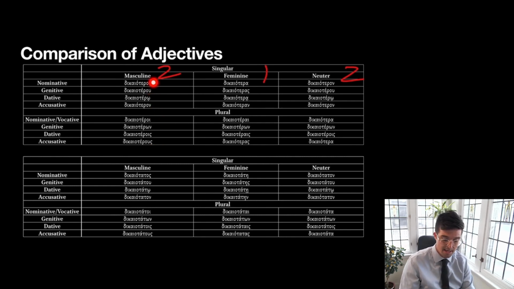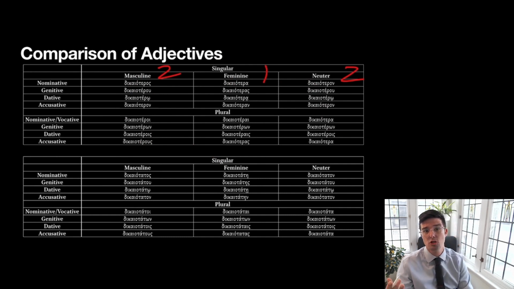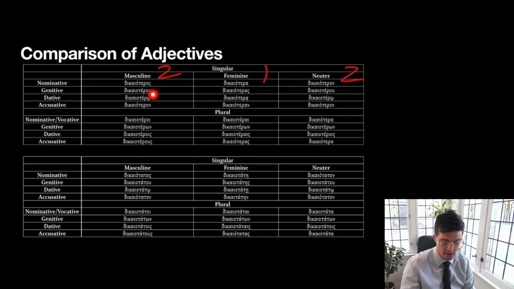So these endings should actually be quite familiar to you. Even though there's a lot here on the screen and on the paradigm, the recognition of them should be quite easy because you'll recognize those endings. What you really have to do is see the ter or the tot inside and recognize that as the comparative or the superlative respectively.